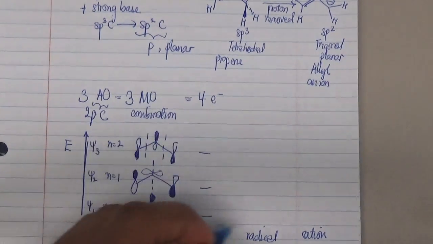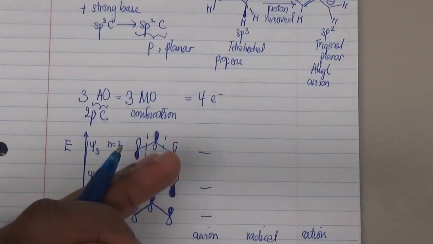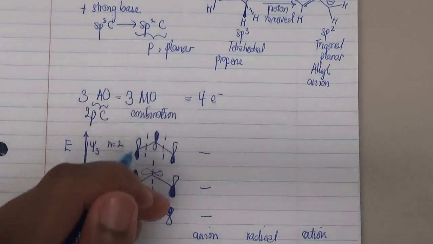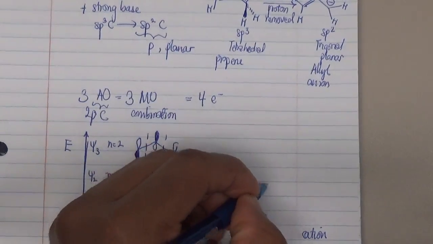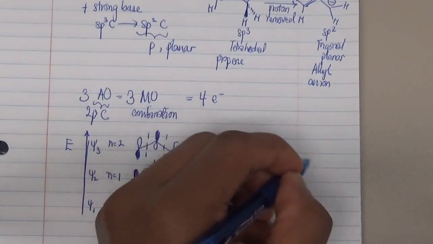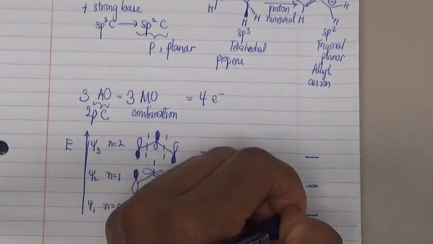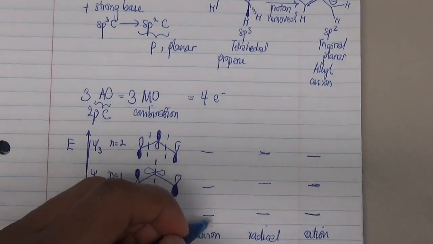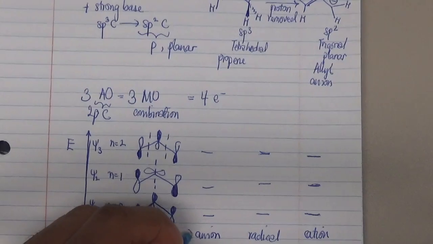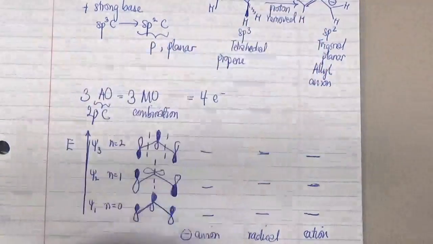where all these three possible ways of activating our propane will all have three molecular orbital combinations, and their energy levels are pretty much the same, but the only difference is just the number of electrons that these particular guys have. Now in an anion we are introducing a negative charge and 2 extra electrons, which is what we have over there.